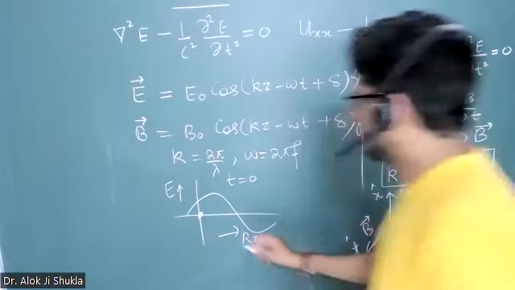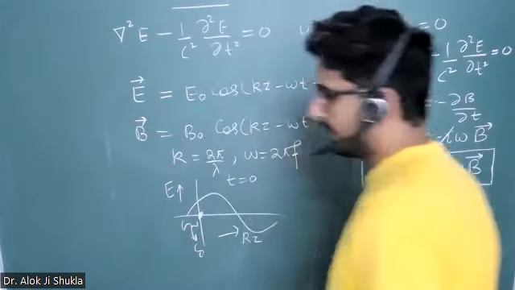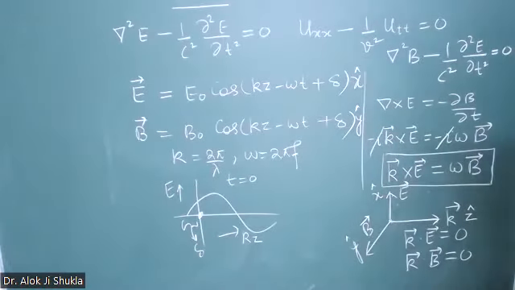So what will this become? This will become delta. So in this case, when both travel in vacuum, they will be in phase with each other. Did everyone understand this?